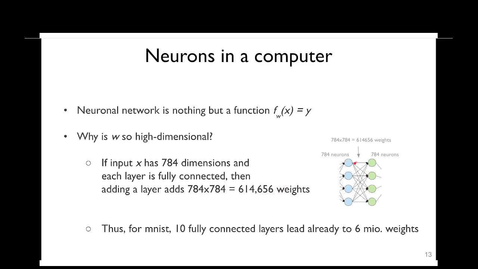And you can see that depicted over here, one layer and connectivity between all of them. So you have a quadratic explosion between the layers. And if you would now connect 10 of these layers, you have already 6 million weights. So that's the explanation why there are so many weights.